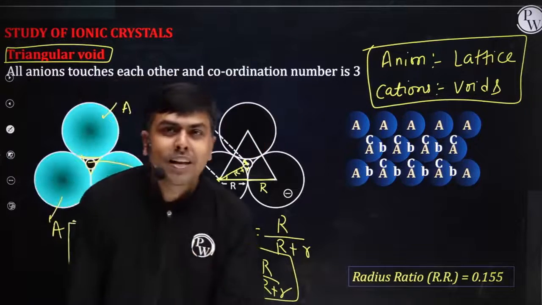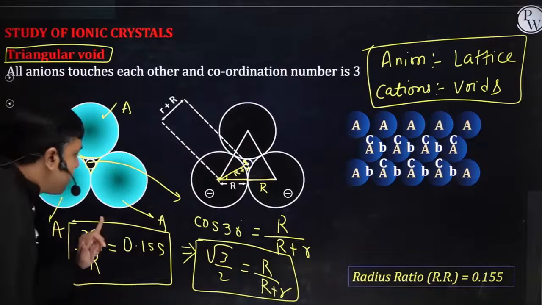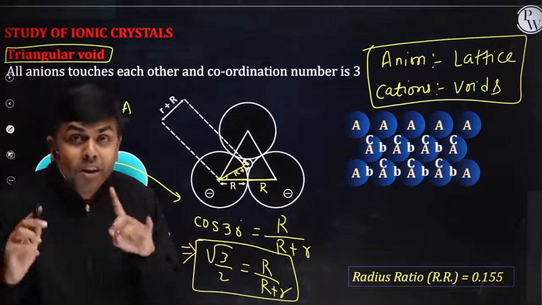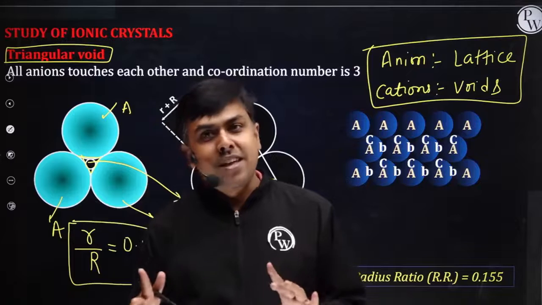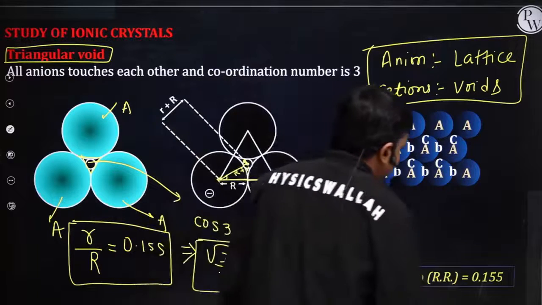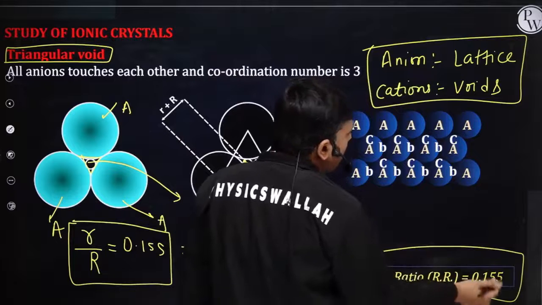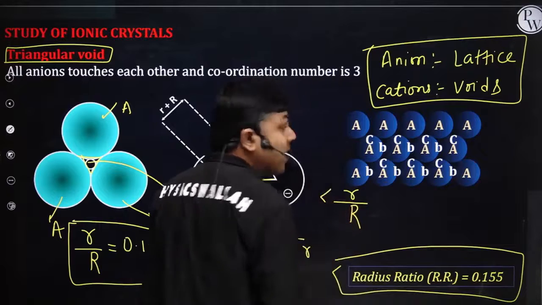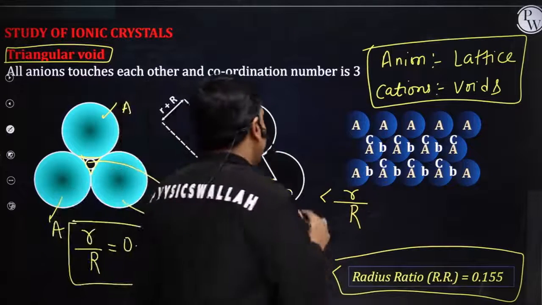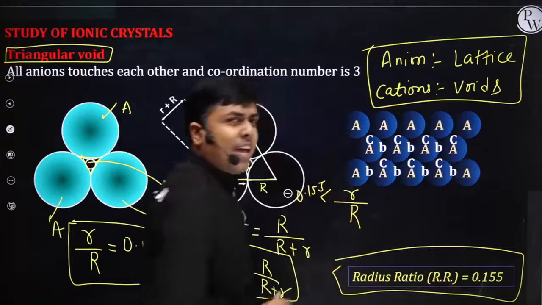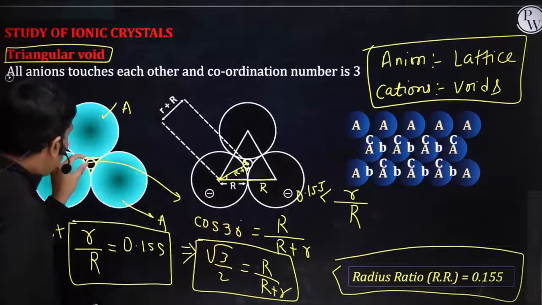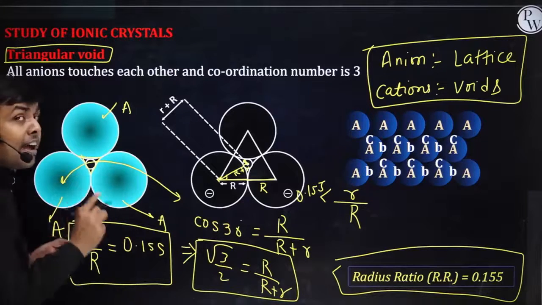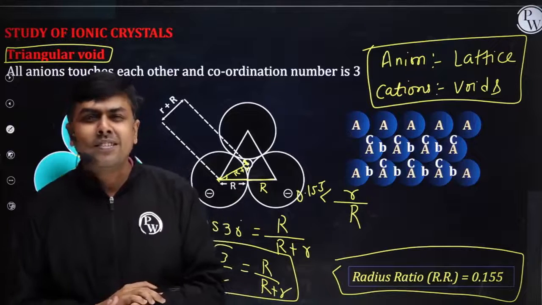The minimum size of the cation has to be 0.155 times the radius of the anion in order to have coordination number 3. This radius ratio, radius of cation upon radius of anion, has to be 0.155 minimum. If I increase the size of the cation, will it still touch? Yeah. Now these three anions won't touch each other, but this particular cation may still touch. Am I clear, students? Okay.